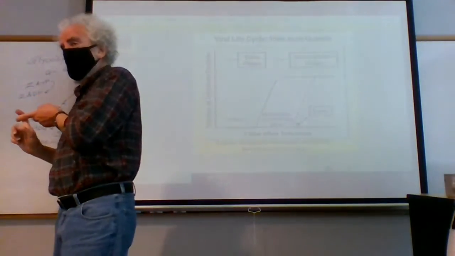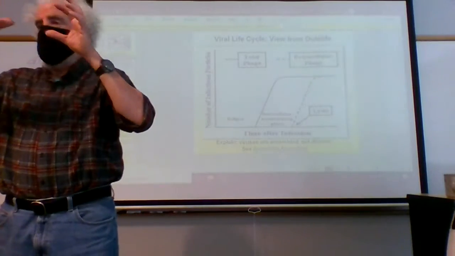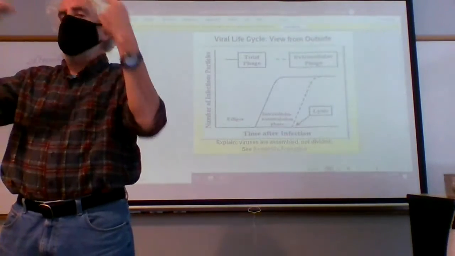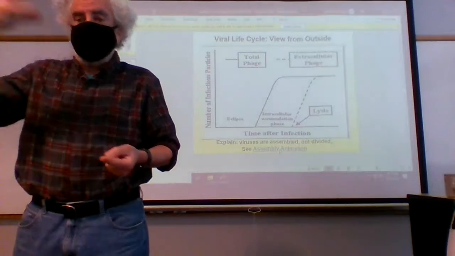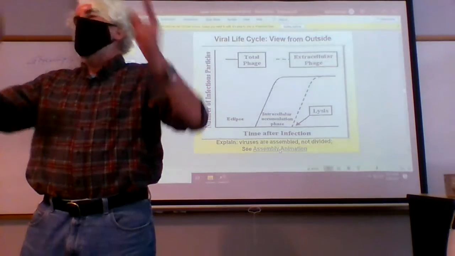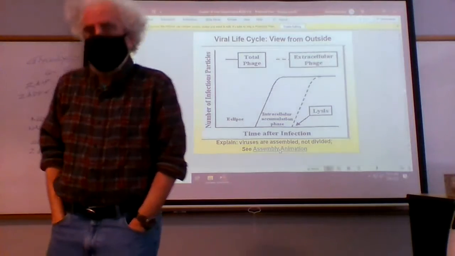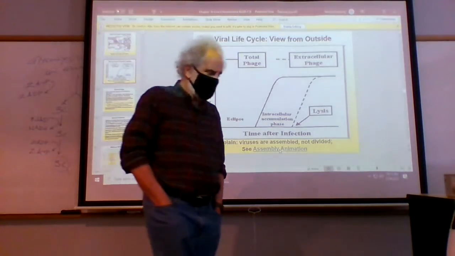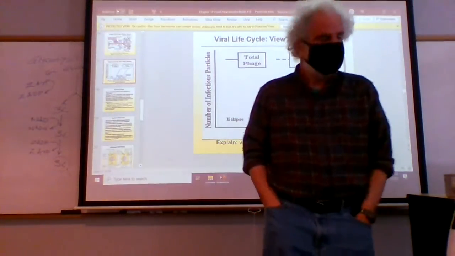Or they can get into the cell and actually take their genome and incorporate it into the chromosome, and as the cell divides, the replicated cells are also carrying the virus. And so this is known as the lysogenic cycle.